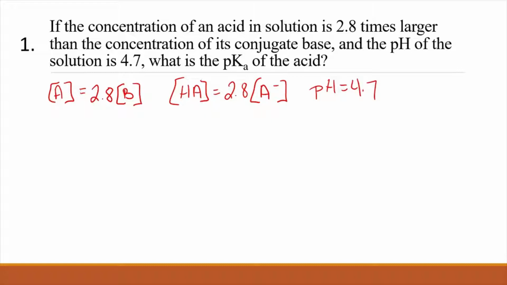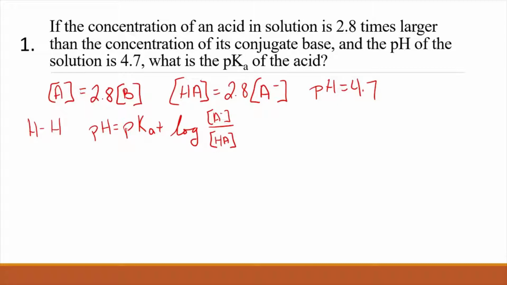And so this is screaming for us to use the Henderson-Hasselbalch equation, which tells us that pH is equal to pKa plus the log of base concentration divided by acid concentration.